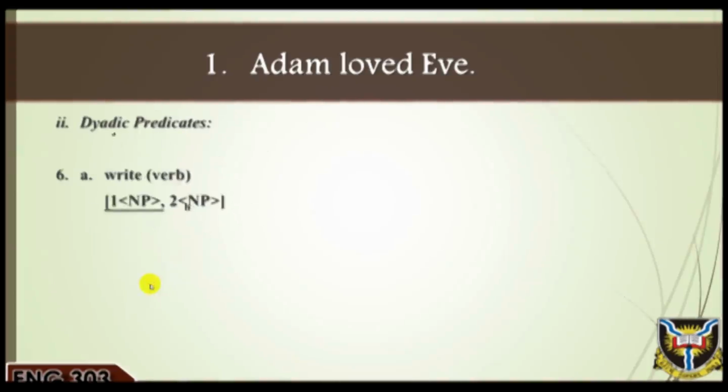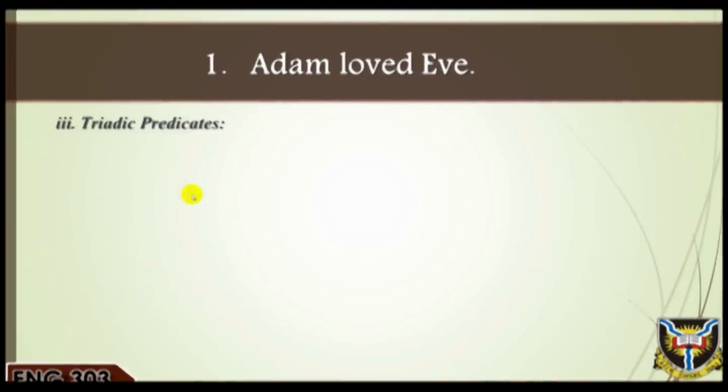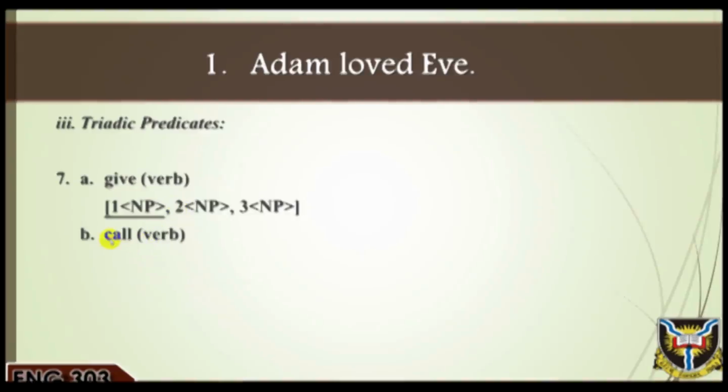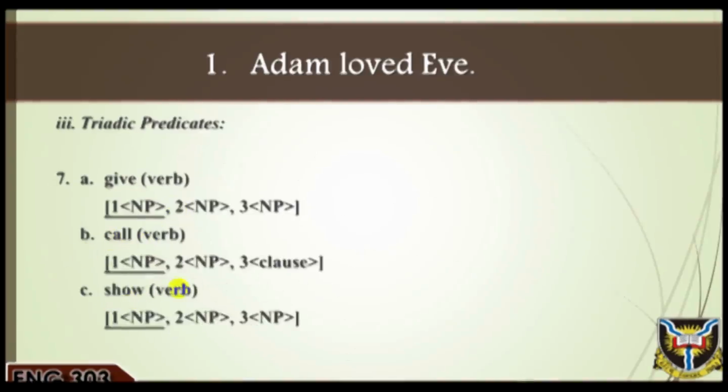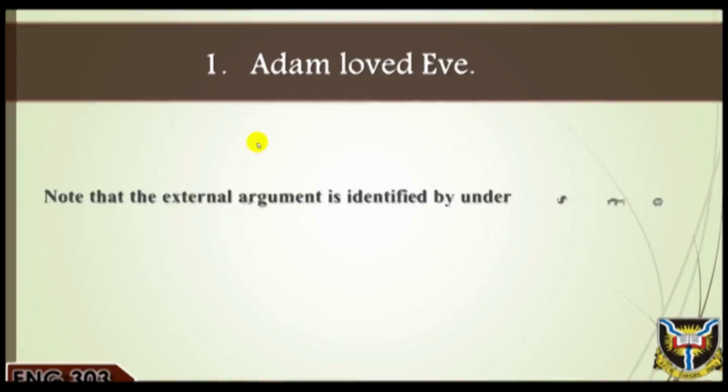Drive, verb. c. Know, verb. 3. Triadic predicates. 7a. Give, verb. b. Call, verb. c. Show, verb. Note that the external argument is identified by underscore and it carries the tag 1.